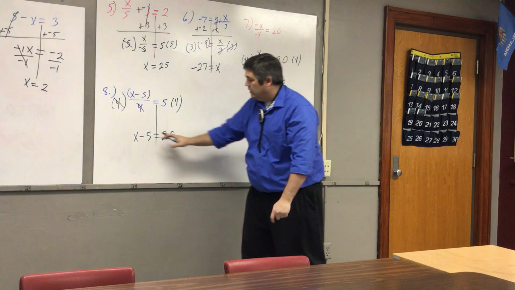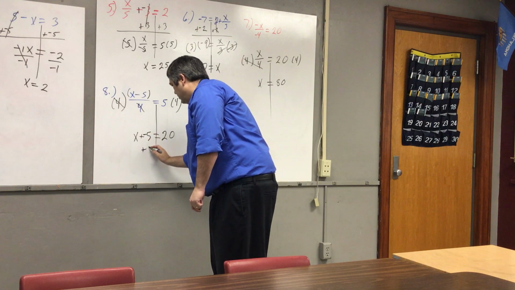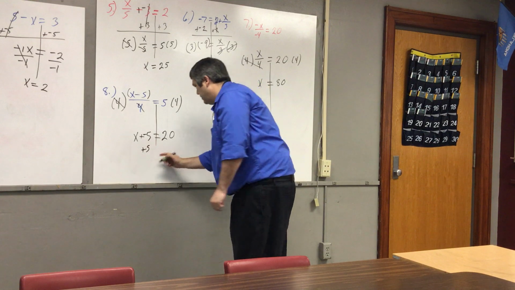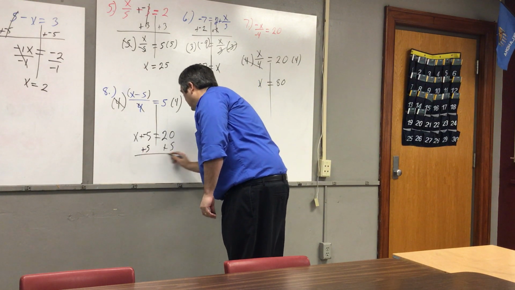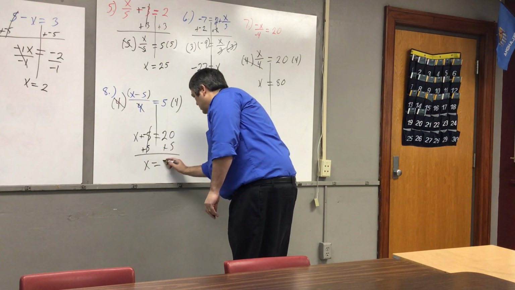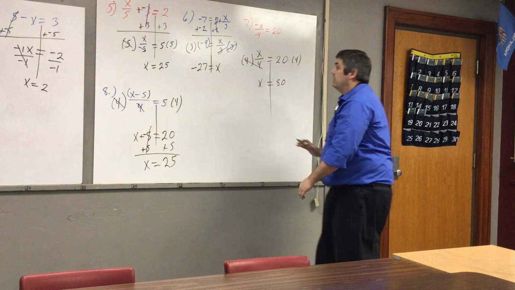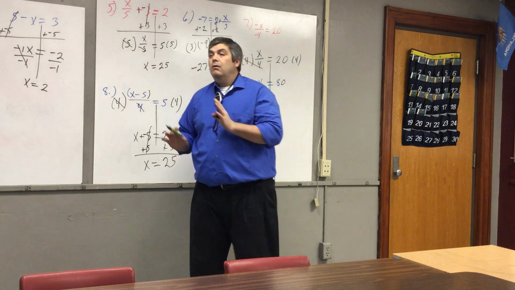Okay, now I'm into a one-step equation. Click, click, plus 5. Again, this is a negative 5, so plus positive 5, plus 5 over here. These cancel out, and all I have is x equals 25.